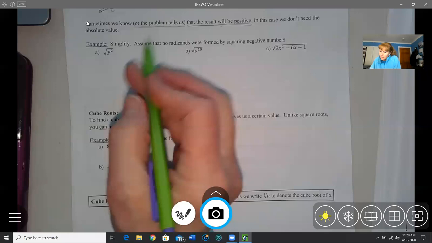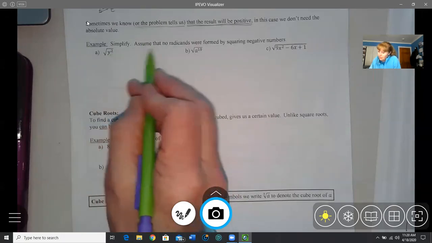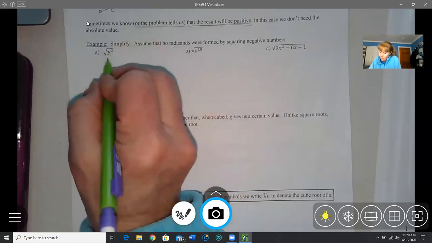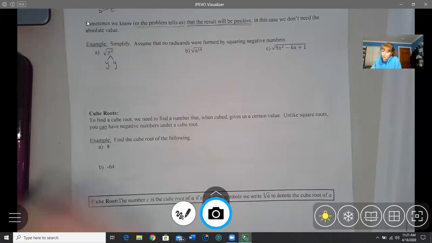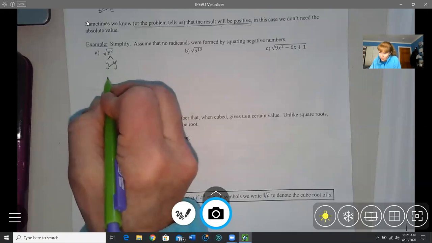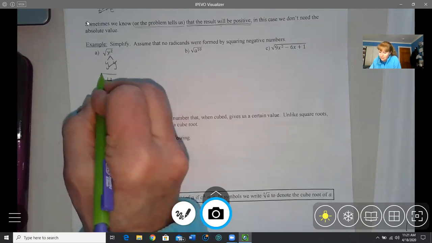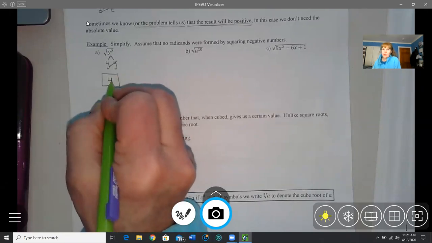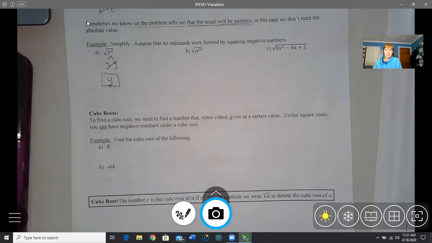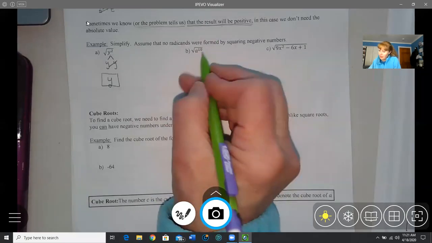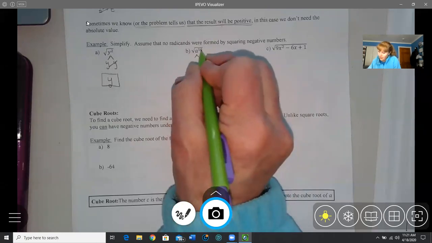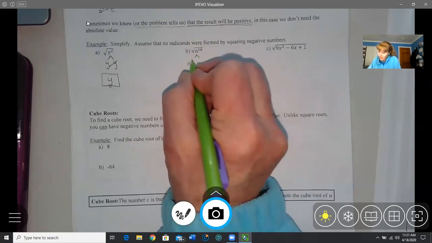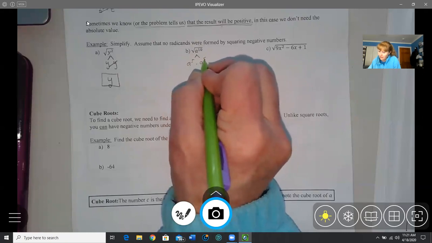Okay. So again, assume that no radicands were negative. All right, so this right here is y times y. So the answer is y. And you don't need the absolute values because you're only using positives. So it's not necessary. Let's look at this one right here. a to the 10th. Okay, divide that by 2. a to the 5th times a to the 5th.